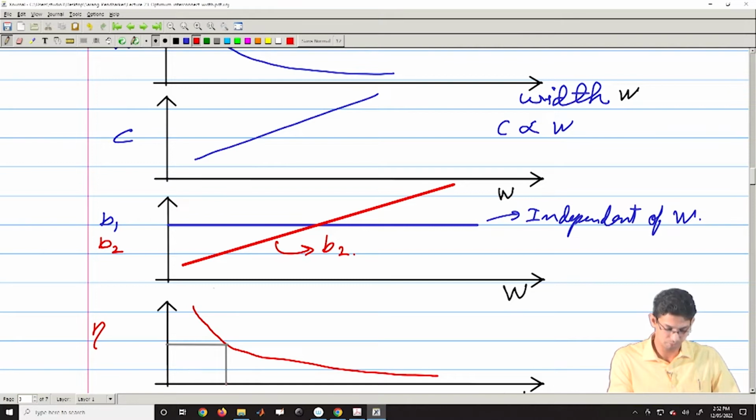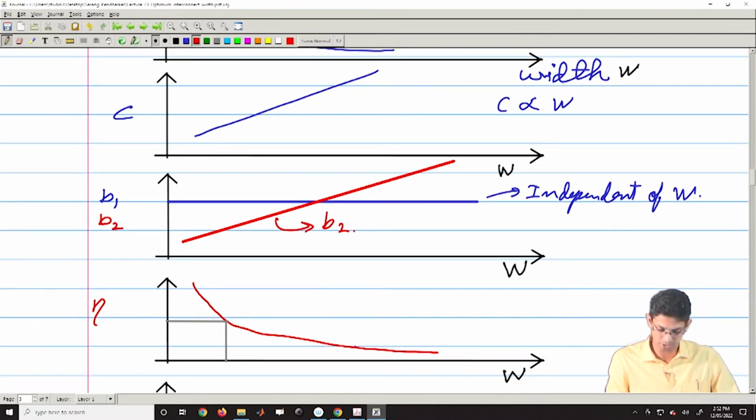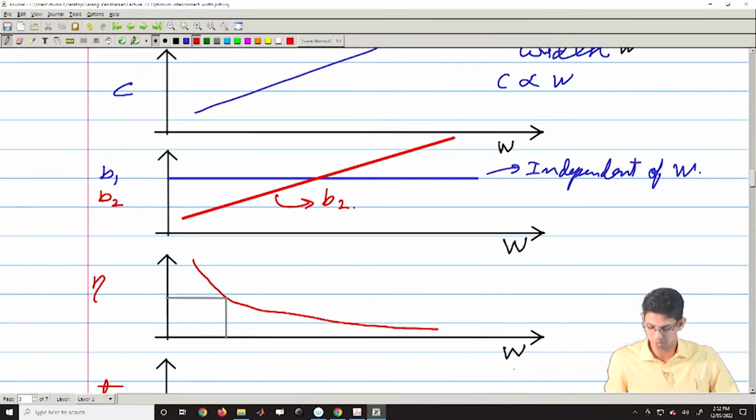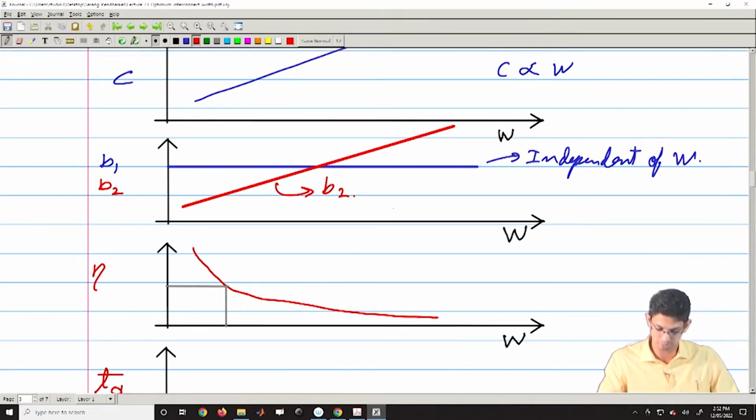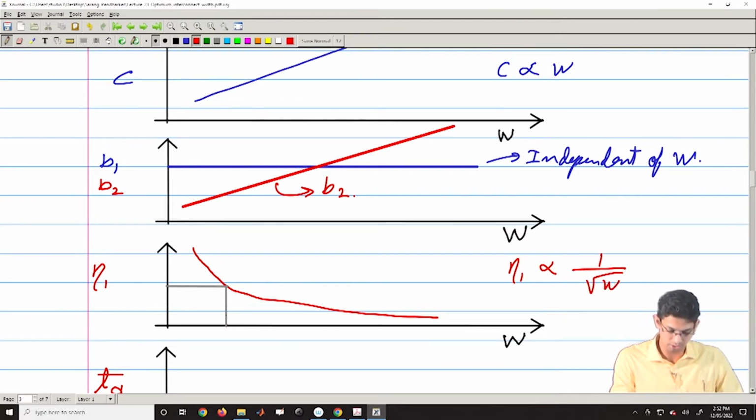Now, from B1 and B2, we saw that your eta would be decaying with width. We had an expression of eta, which goes as 1 by root over W. So, it will be reducing like this. There would be a certain point here where this would be equal to 1.